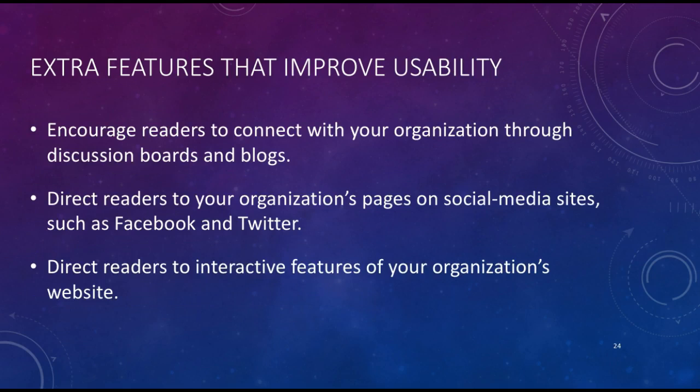Direct readers to your organization's pages on social media sites such as Facebook and Twitter, and direct readers to interactive features on your organization's website. So for example, if you have "for more information, email such and such," you want to have that information clearly labeled so that your readers can connect to others easily.